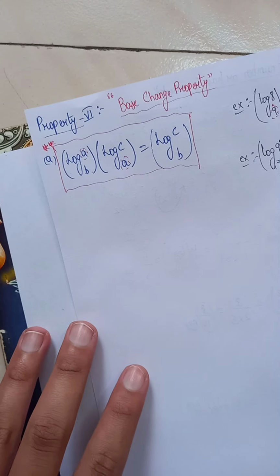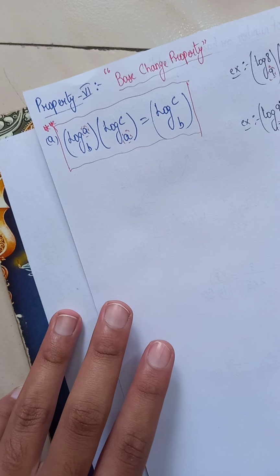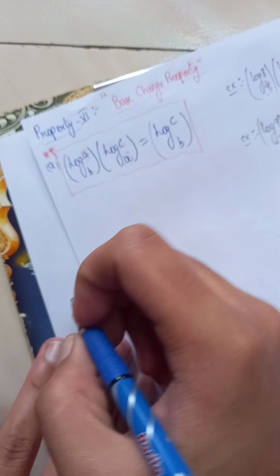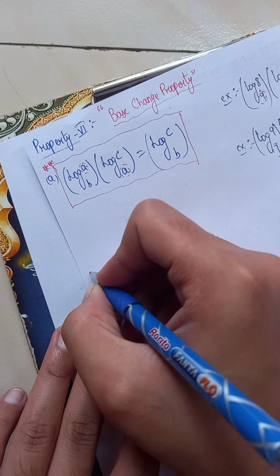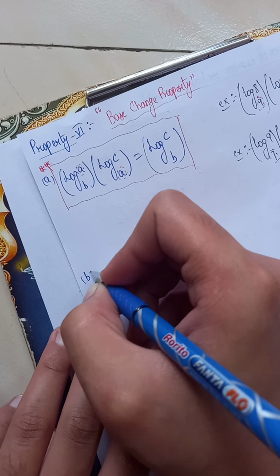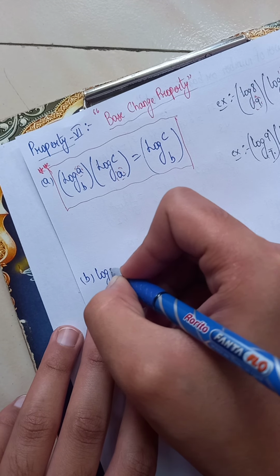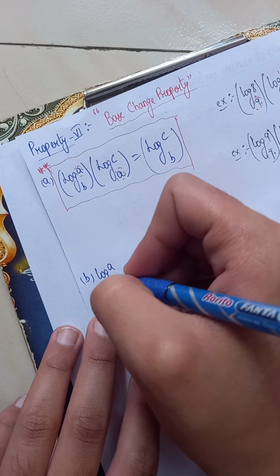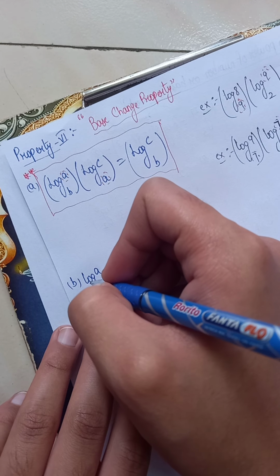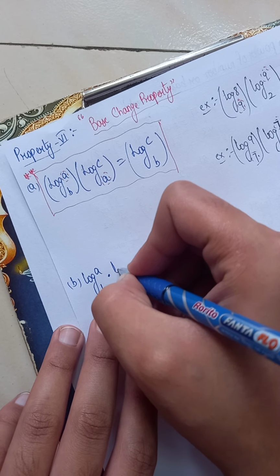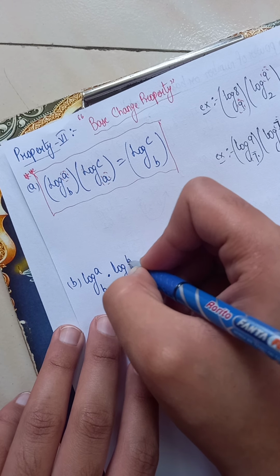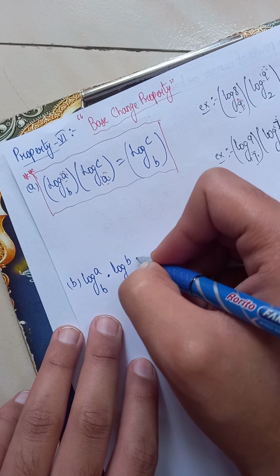Okay. So next point, log a to the base b into log b to the base a is equal to 1.